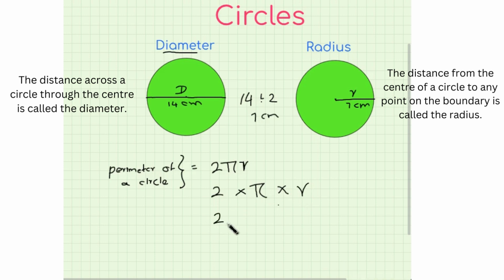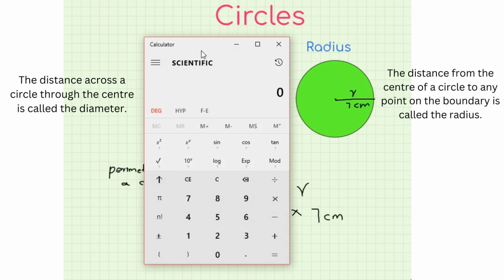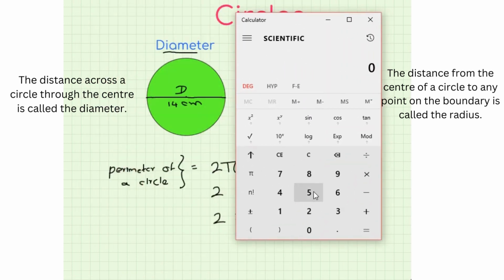Let's keep the 2 as it is, and then for pi you can use 3.14, and then for the radius let's take 7 centimeters. There you go. So if we use the calculator for this, that will be 2 times pi times r, which is 7 centimeters. That would be the answer, 43.9.